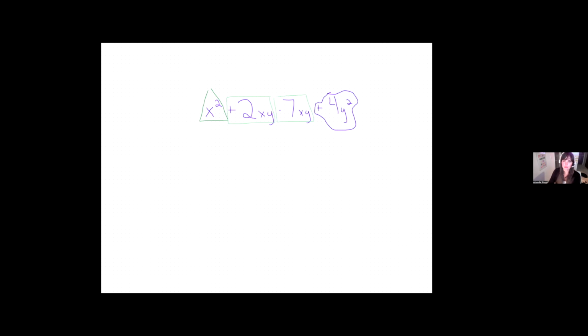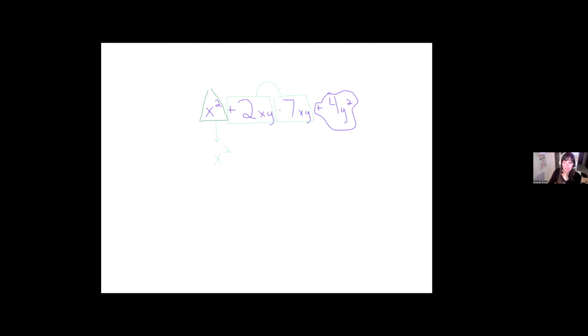All right, let's see, what are we going to do? We're going to pull everything down. This, we're not combining with anything, so we know this goes right here. Easy breezy. Then what do we have here? We need to combine those. So we have 2xy minus 7xy.